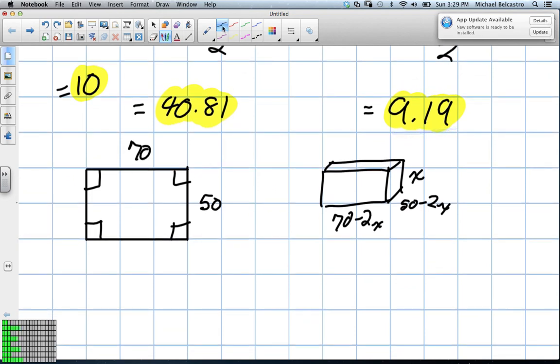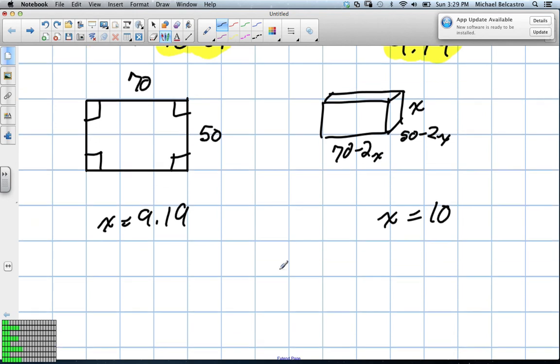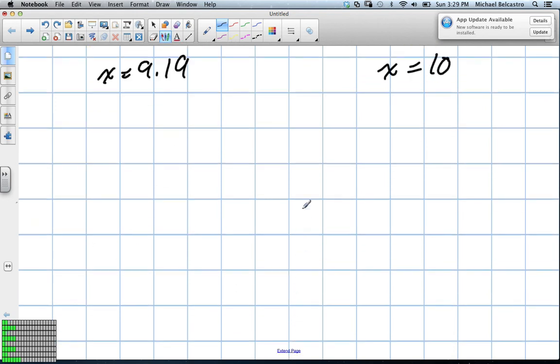So what we're going to do is two steps. We're going to do one of them where our x is equal to 9.19, and the other one when x is equal to 10. Let's see how we get this. They should both technically work, it looks like. There we go.